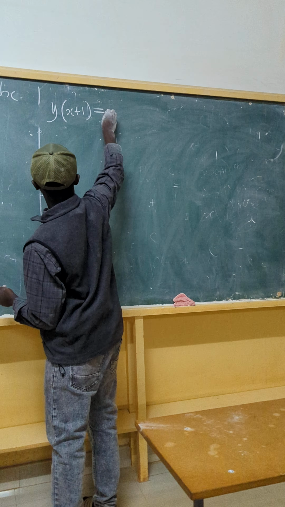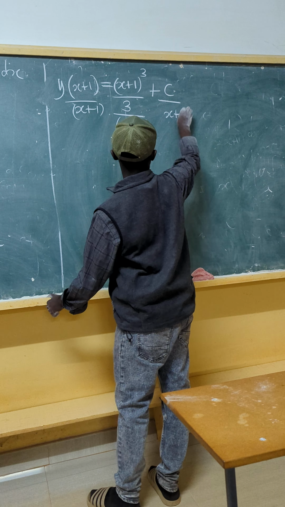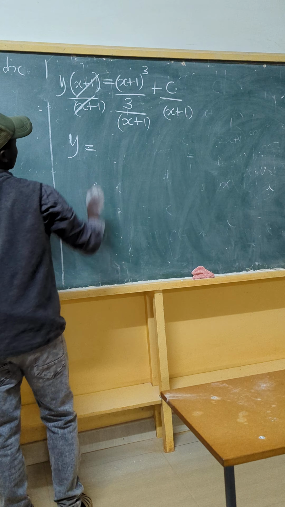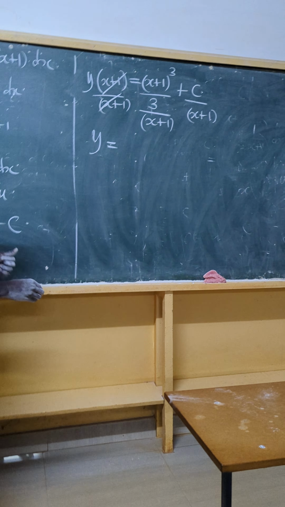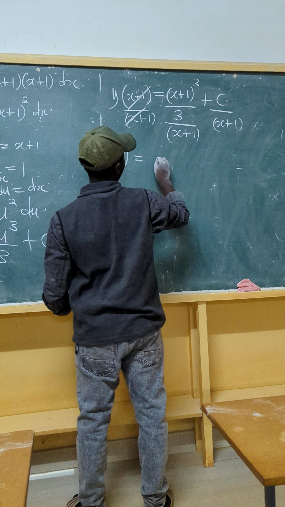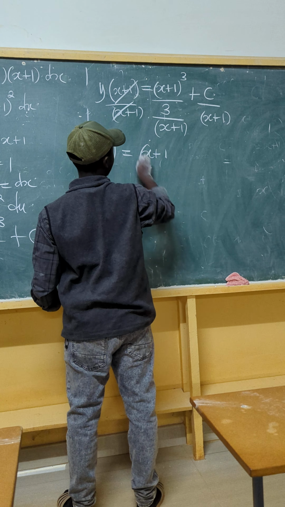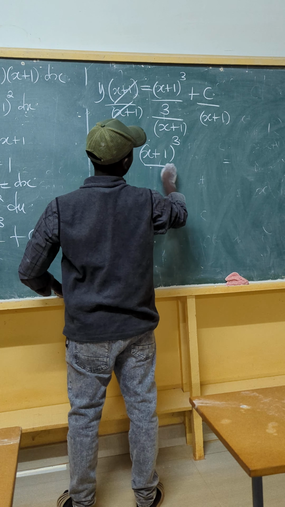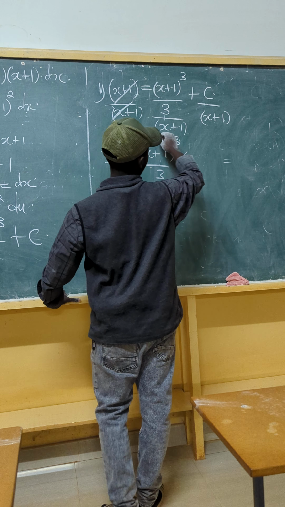Now we are going to divide by x plus 1 on both sides. So y equals, when we divide that, automatically we are going to have (x plus 1) to the power 3 over 3.